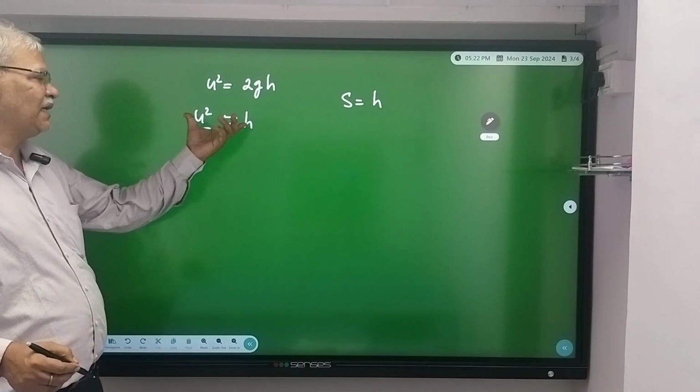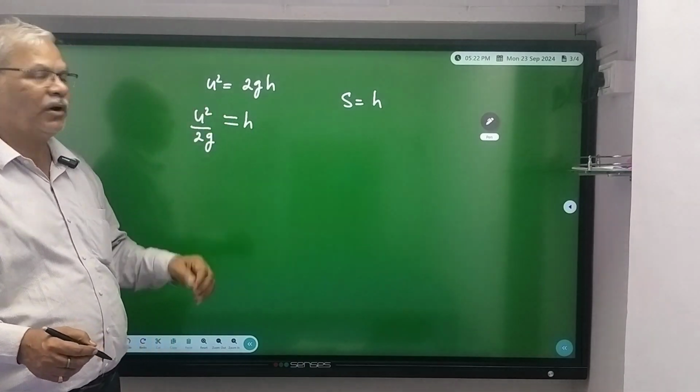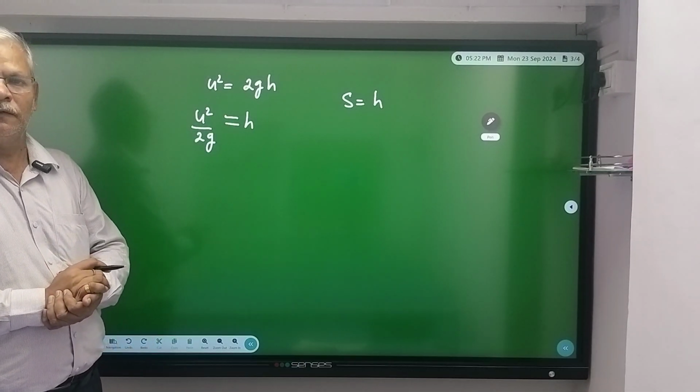It means the maximum height depends upon the initial velocity.